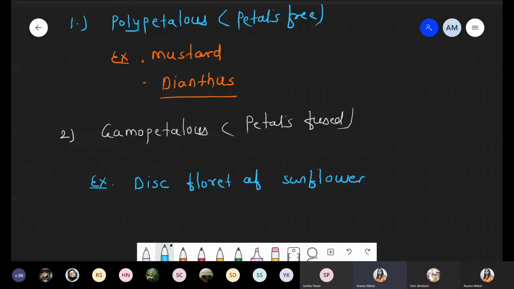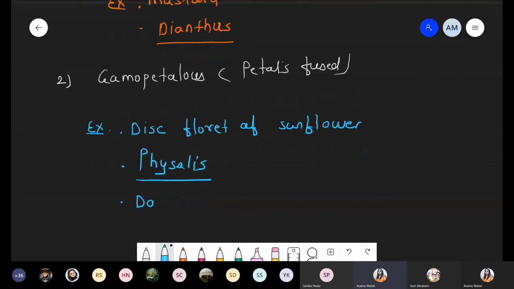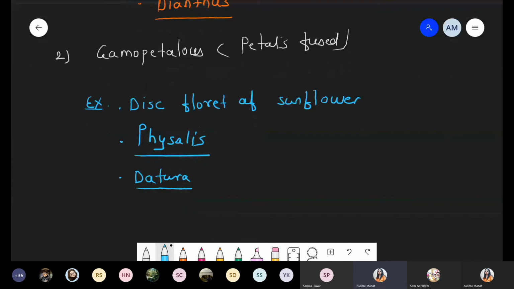Another example we are taking is Physalis, a biological name, underline it, capital P, sorry, capital P, Physalis. Next example, Dhatura, again a biological name, underline. So these are the three examples included in the gamopetalous condition.